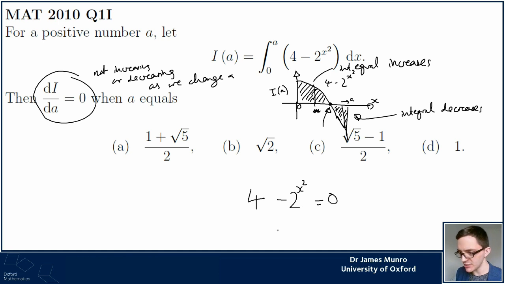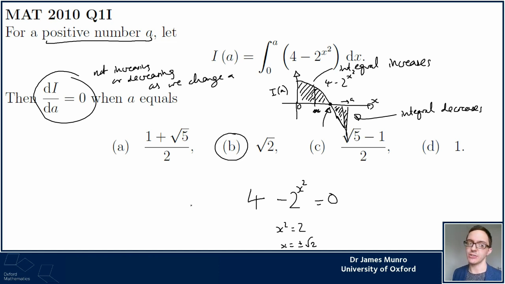This happens precisely when x squared equals 2, which is when x is plus or minus root 2, I suppose, but I want a positive number a. So I want to take a to be equal to the square root of 2, the value of this top limit of this integral. Because if I put that in, then I'll integrate just up to here.